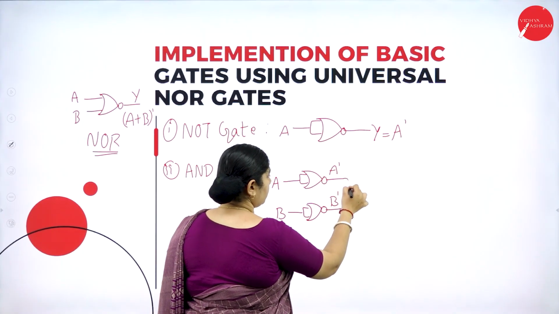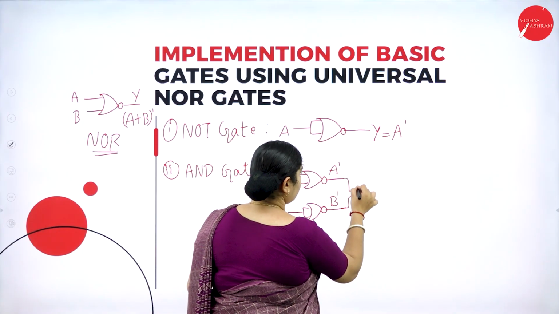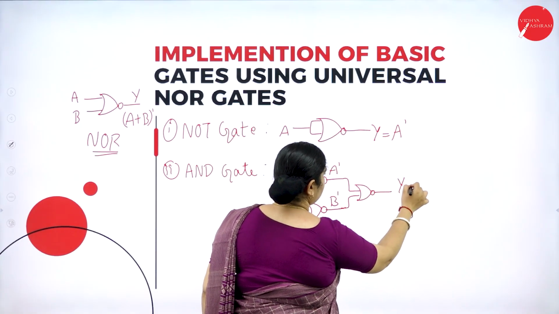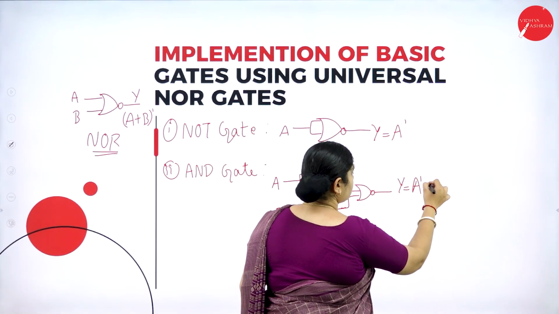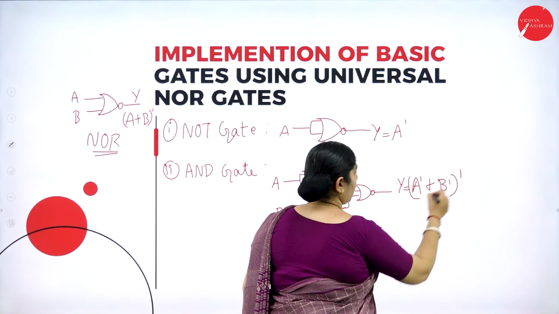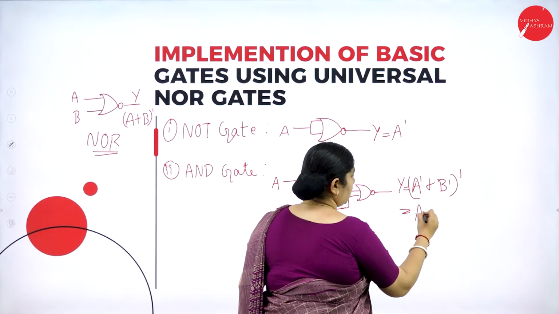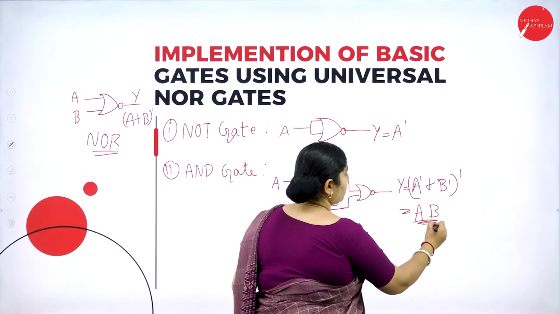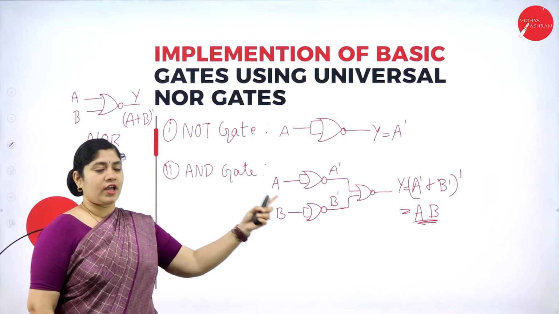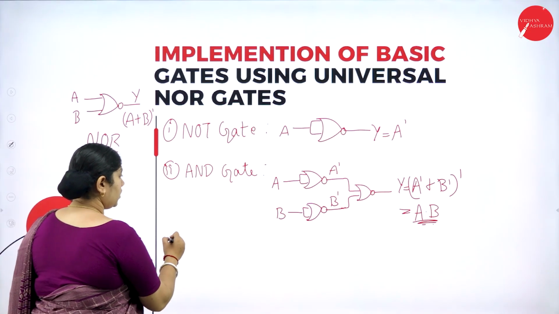Finally we have to combine both of them, which gives us a value that is A dash plus B dash whole dash, which is equal to A into B. That's by De Morgan's law. We can say that A dash plus B dash whole dash will be yielding us A into B.